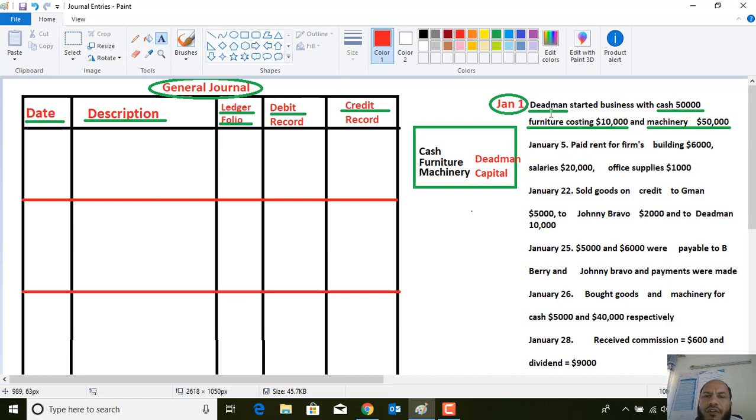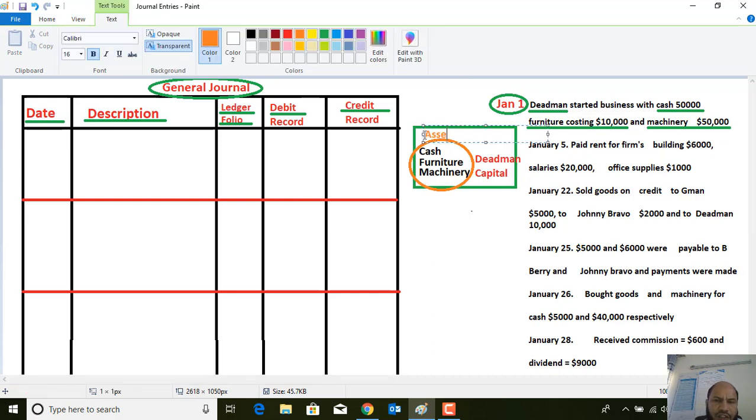So we will explain that these three, the cash, the machinery and furniture, are asset accounts. I will write down over here that it is an asset account. These are the business assets.